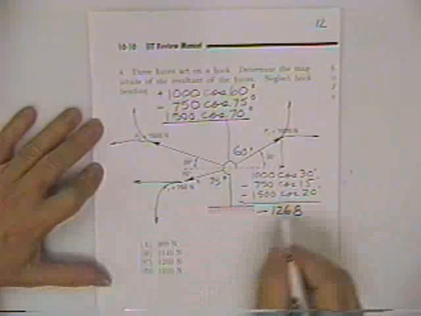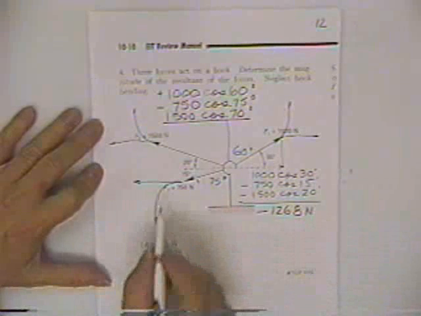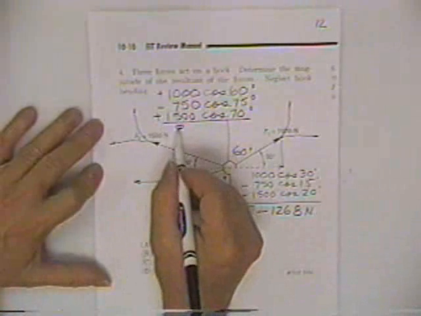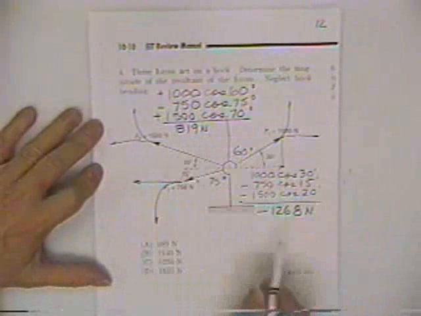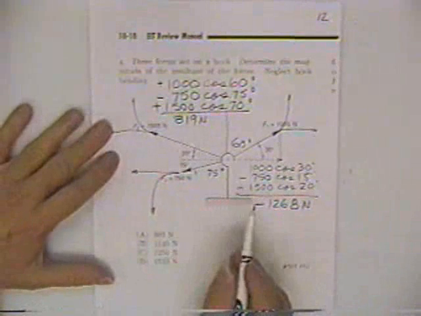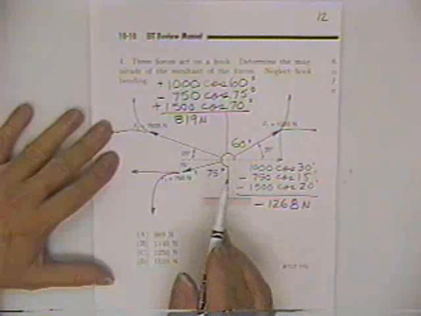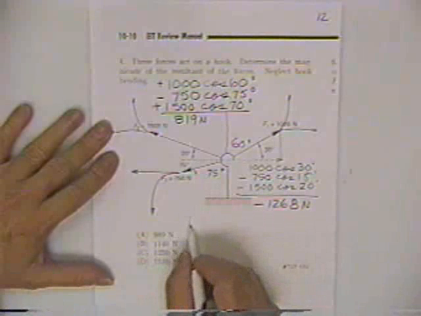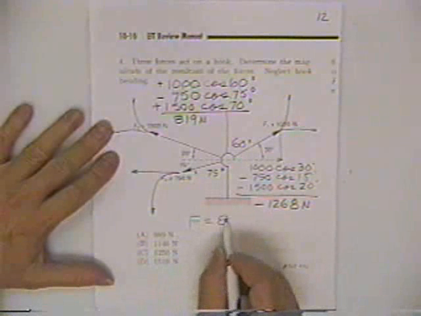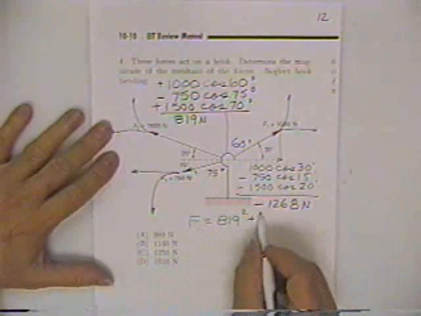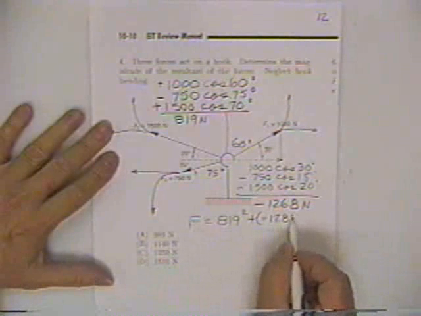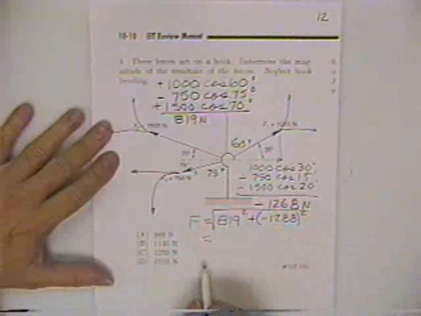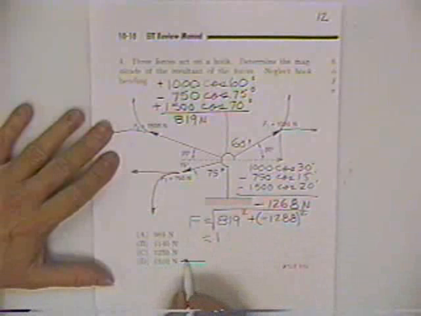Alright, add those up: minus 1,268 newtons, and plus 819 newtons, and therefore we should be able to find the one force that would resolve all these forces into a single force, and that number would be 819 squared plus minus 1,268 squared. The sign is not going to matter because it's going to be squared. Take a square root and you get 1,509, and therefore there's your answer.